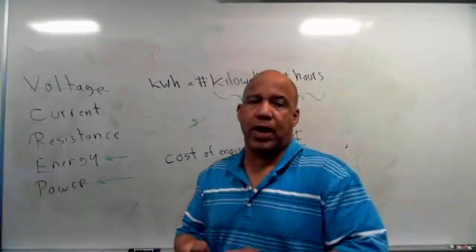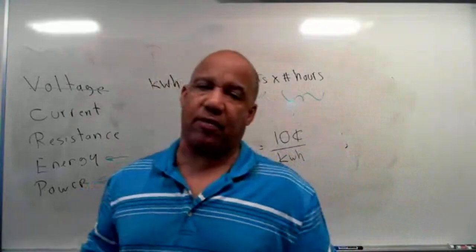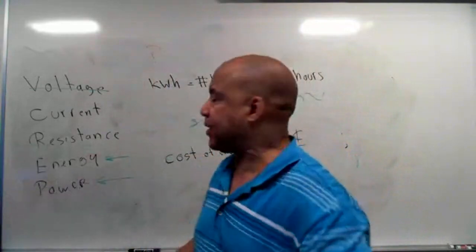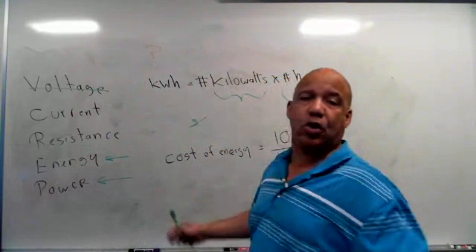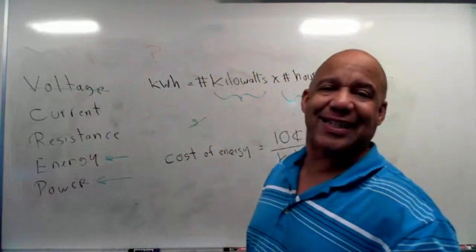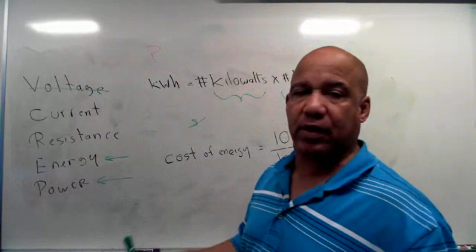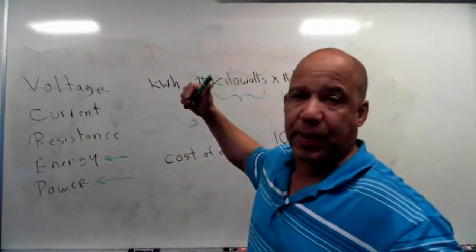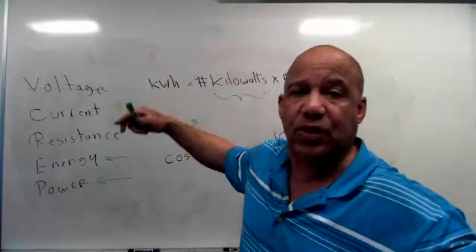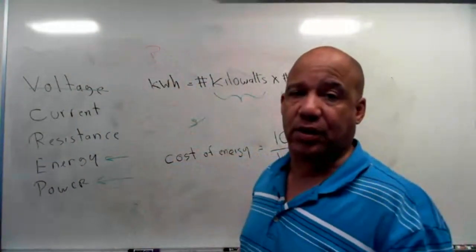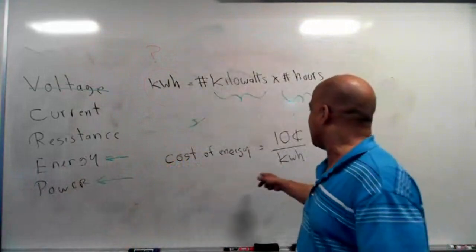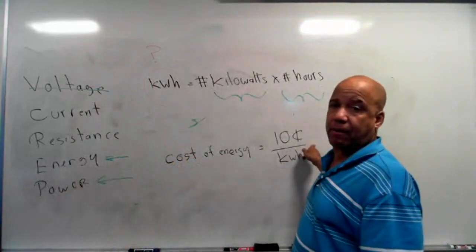So if on a quiz or exam, I give you one of these cost of energy problems but I forget to tell you how much energy costs, just assume it's 10 cents per kilowatt hour. It's not really 10 cents. It depends on where you live. You might pay one thing in Cincinnati, go across the river in Kentucky, they'll pay something else. Just like gas, it depends on who your utility company is. But for purposes of this class, we're going to assume the cost of energy to be 10 cents per kilowatt hour.